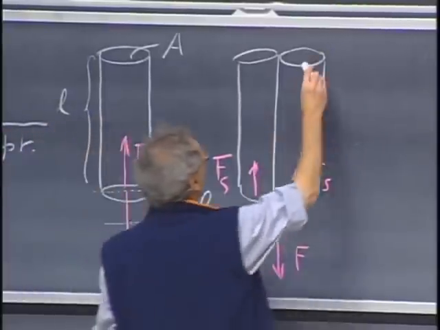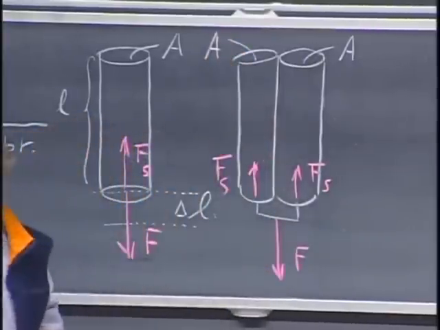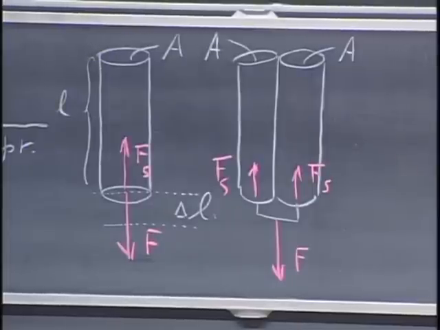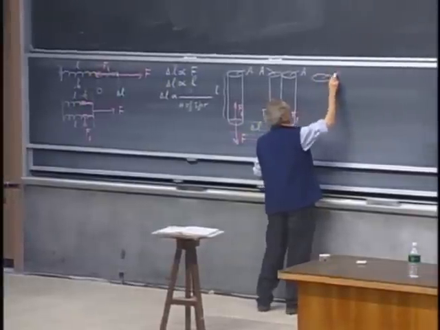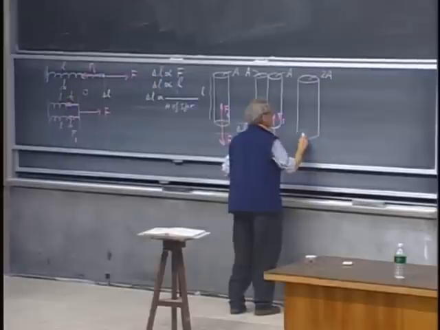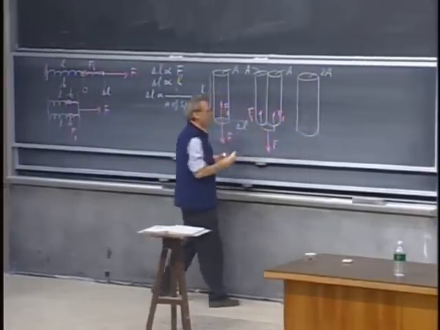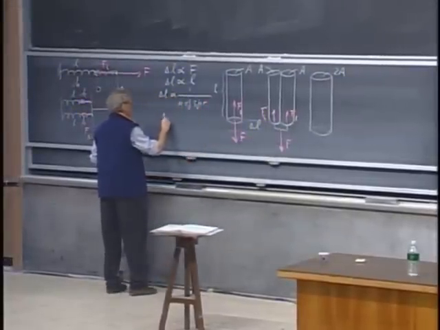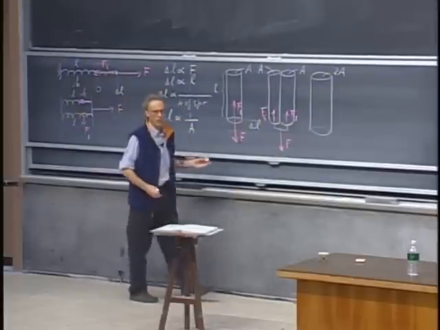So they both have a cross-sectional area A. And so now, with double the cross-sectional area, I get only half of delta L. And so now we have a situation that if I made a rod whereby this was 2A, just one rod, which is completely equivalent to this situation, I'm only getting half delta L for a given force. And so now we have that delta L is inversely proportional to the cross-sectional area of the rod.